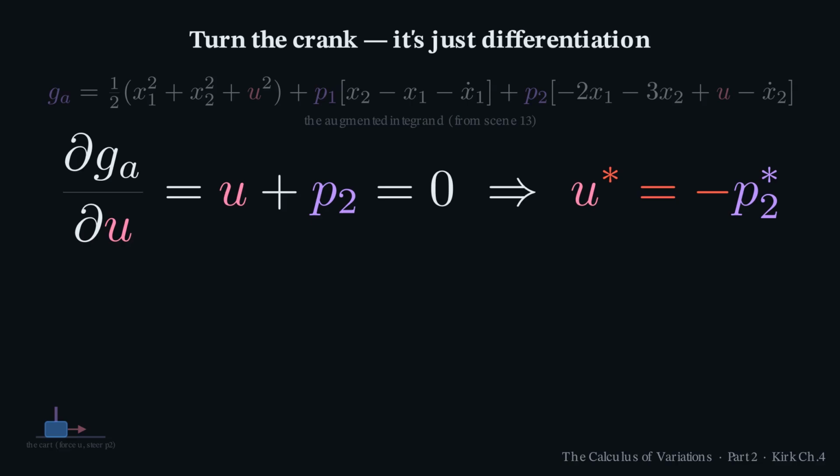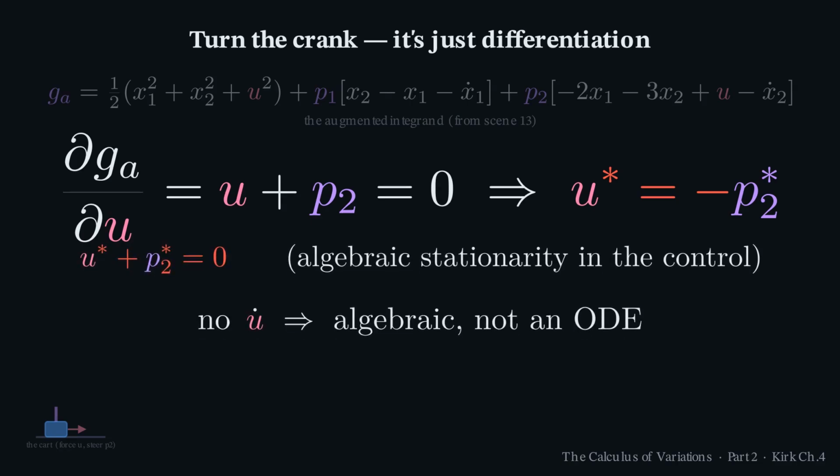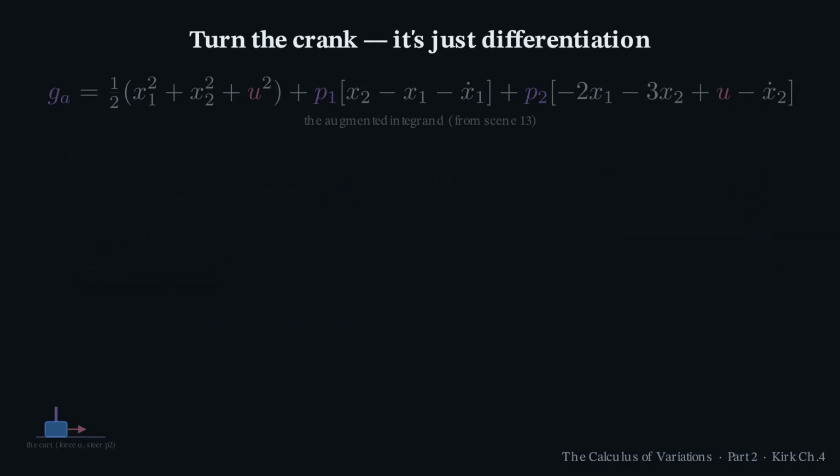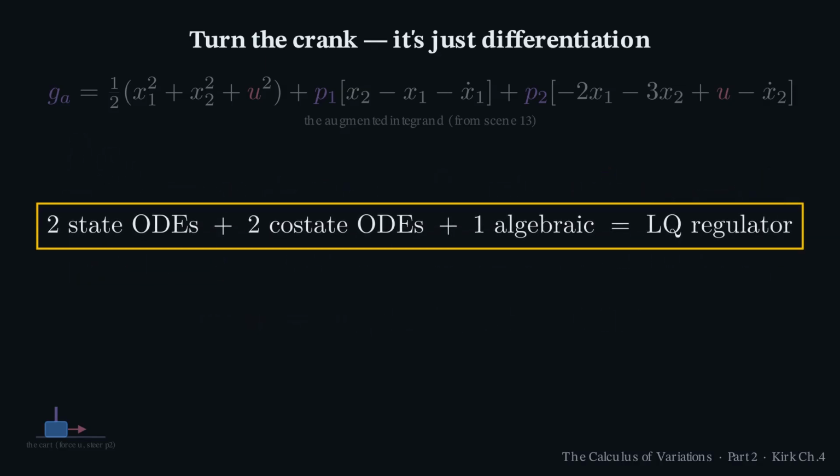There's no u dot anywhere, so this one is algebraic, exactly as we proved. The optimal control is u star equals minus P2 star, minus the shadow price. Count it up. 2 state equations, 2 costate equations, 1 algebraic law. That 5-line system is optimal execution, fully solved.